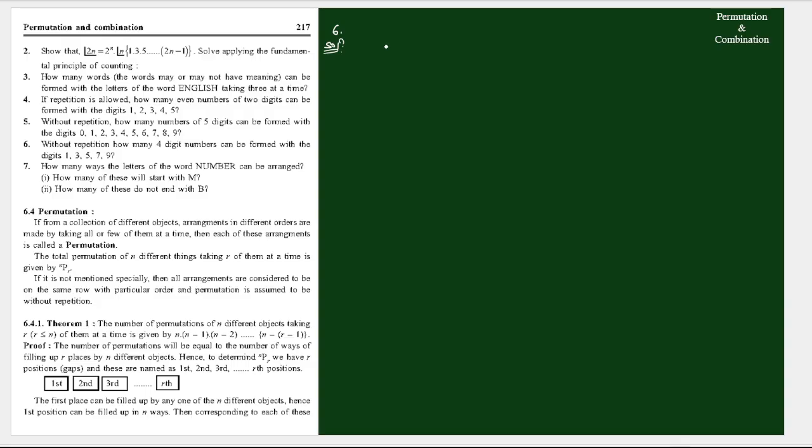So let's come to question number 4. Without repetition, how many 4-digit numbers? Okay, so first write down the given digits, right? What is given? 1 3 5 7 9.